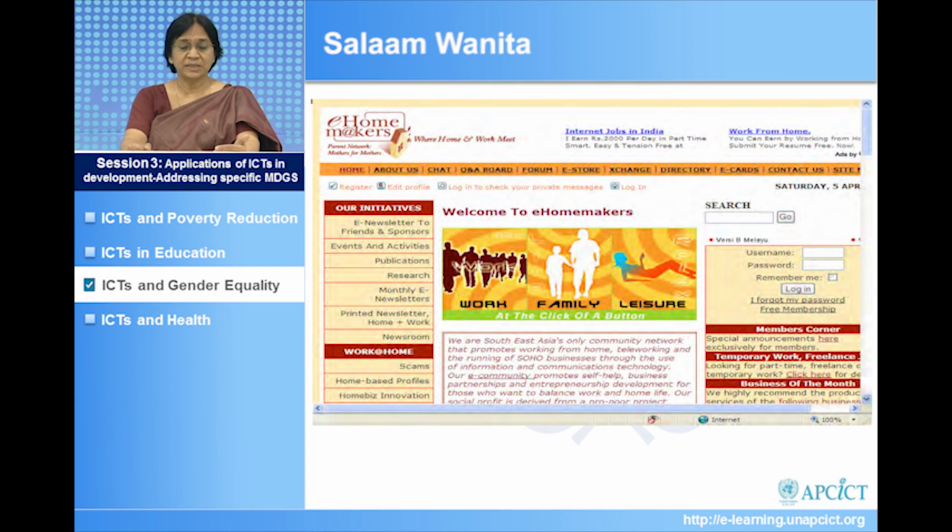The Salaam Wanita basically talks about a site that is known as e-homemakers. Women who are at home, who have opted to stay at home, sometimes single parents, still need income generating activities. And through the use of technology, the e-homemakers has enabled women not only to engage in income generating activities, but also to be able to interact among themselves and to empower themselves.